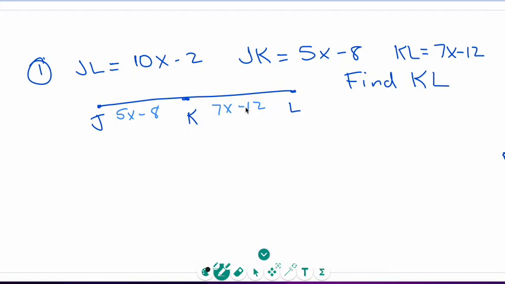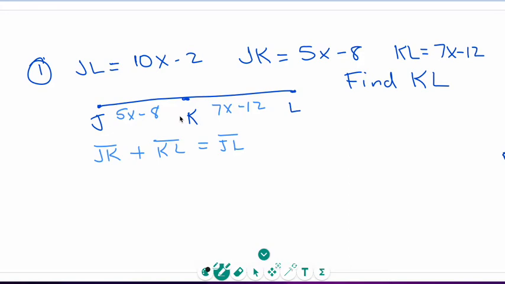So we're going to go ahead and write our geometry statement. We know that JK plus KL is equal to JL. So we have the addition of two line segments. Now we're going to do substitution.